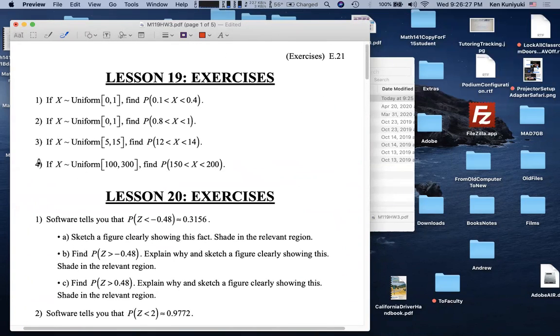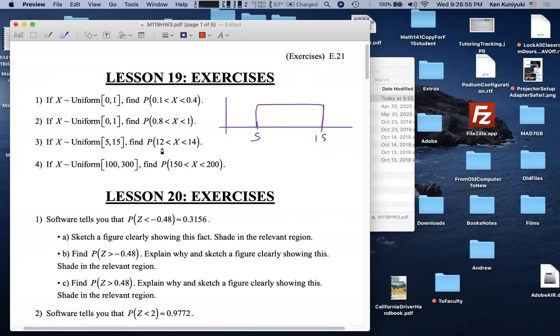If x has a uniform distribution on 5 to 15, find the probability that x is between 12 and 14. Now, I didn't require you to draw a picture, but it might be helpful visually. Not to scale, but this is 5, this is 15. Uniform, so we get a rectangle of some sort.